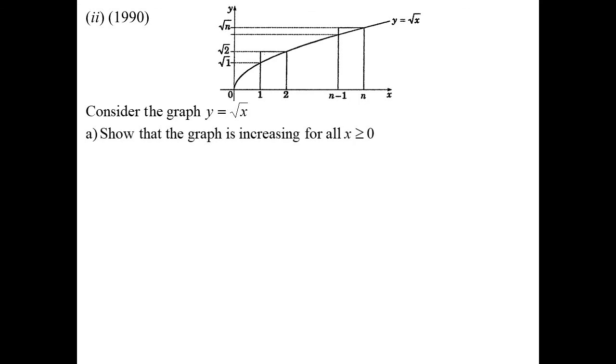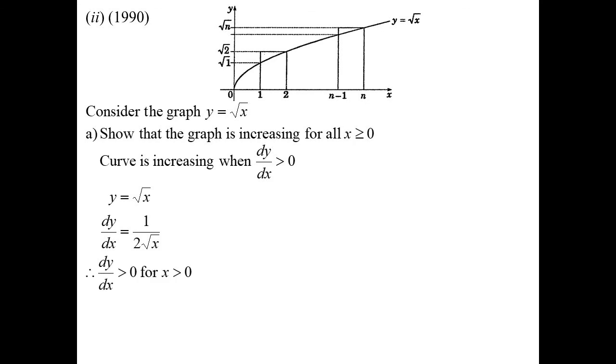So what have I done? We know we can use the first derivative to work out when the curve's increasing. So the first derivative here is 1 on 2 root x, and that's always going to be greater than 0. So I know the derivative is greater than 0 for x greater than 0. Now, whether I need to do the next bit or not, I don't know. I've often thought, is this a waste of time?